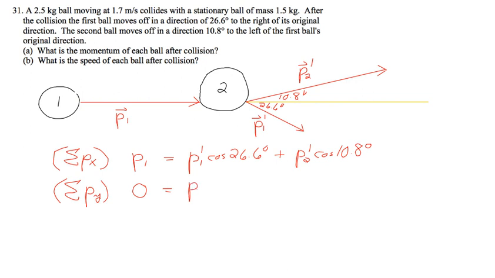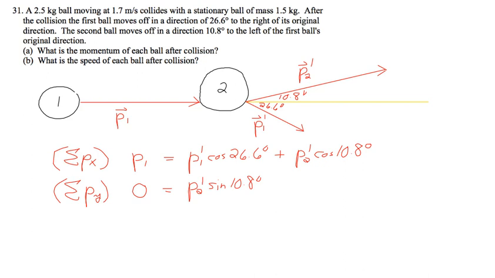If the other one was cosine, then this one's going to be what? Sine, because this side over here is the opposite side from that angle. So the y components are both opposites for both of these. So that's going to be P2 prime times the sine of 10.8 degrees.